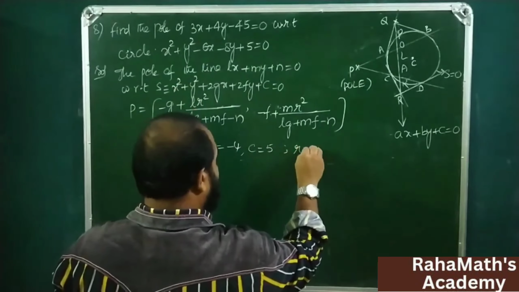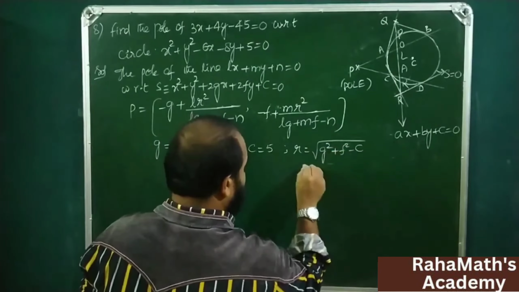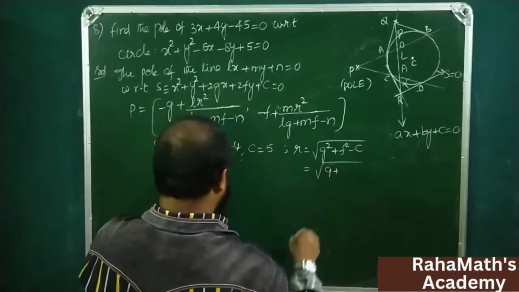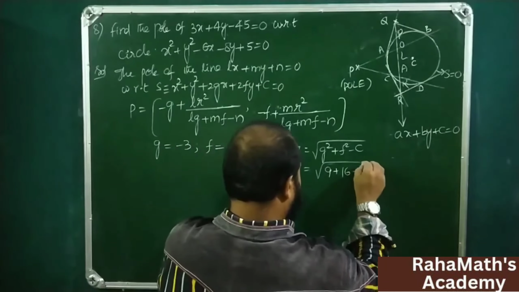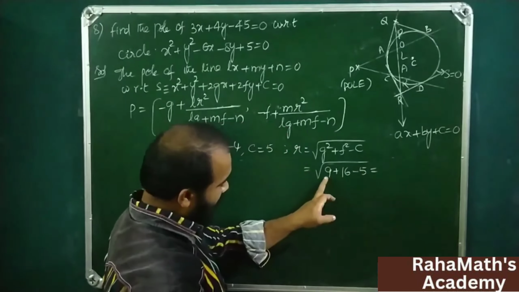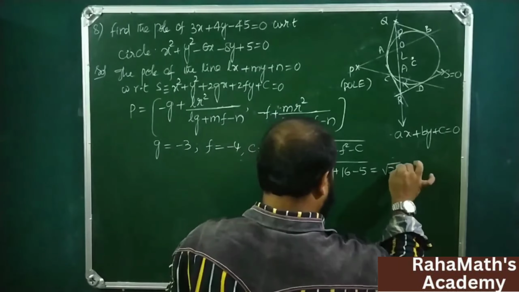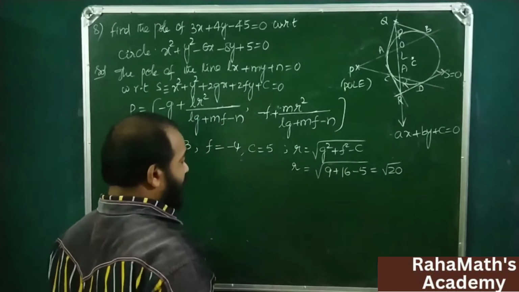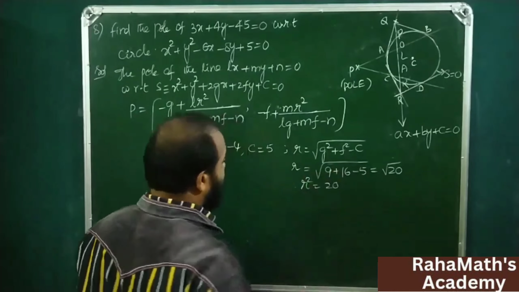Then radius equals square root of g square plus f square minus c, square root of 9 plus 16 minus 5, which is 25 minus 5. So root 20. So r equals root 20. Therefore r square equals 20.